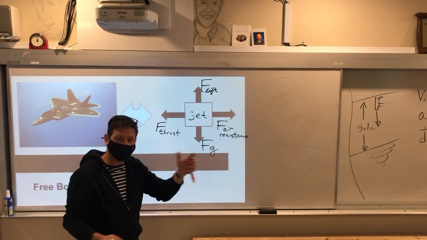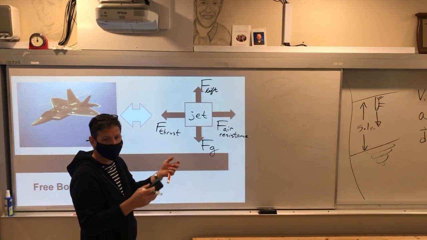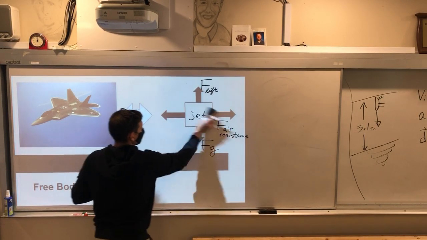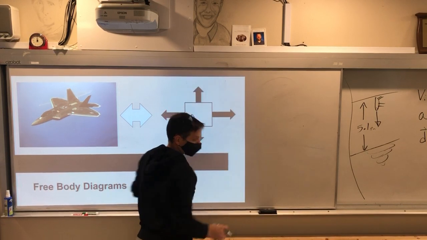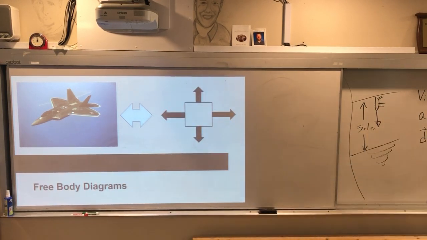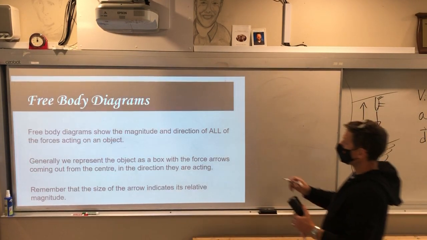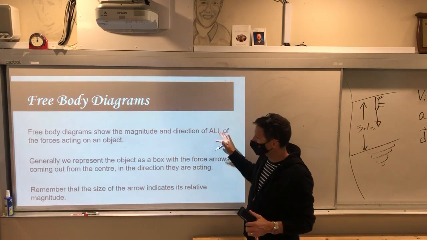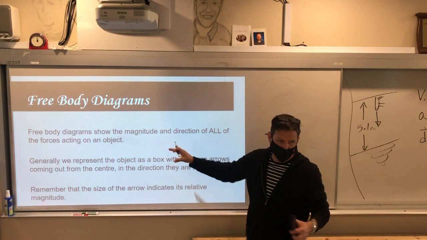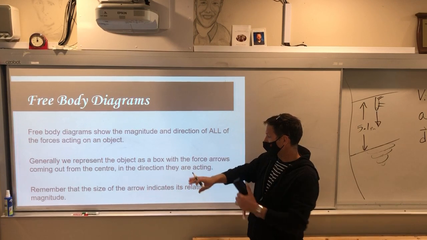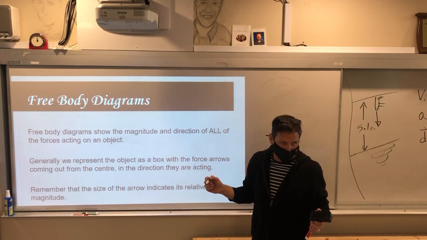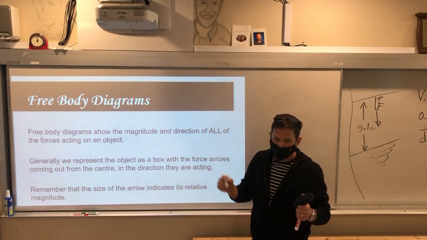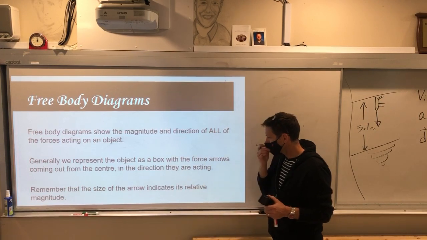So these forces all add up to a net force. Moving on. A free body diagram shows the magnitude and direction of all the forces acting on an object. So we put them all in there. Generally, we just draw a box. We don't draw doggies and things, although that's kind of fun too.